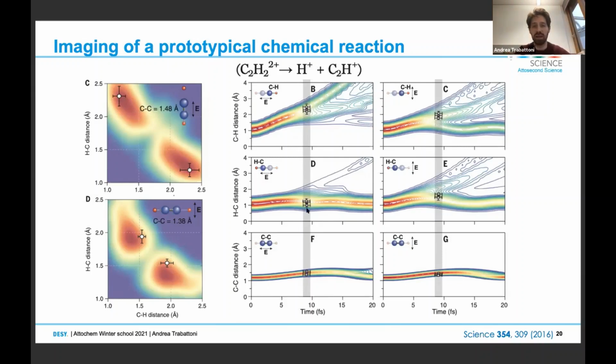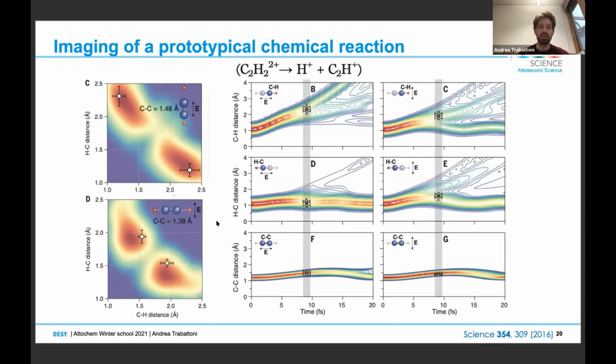From the experiment and the comparison with the simulation, they were able to see that one CH bond was indefinitely elongating, suggesting this proton loss, while the other one on this side was remaining close to the equilibrium position. With the perpendicular alignment, this was not happening, because the dressing of the states by the external electric field was extremely moderate.